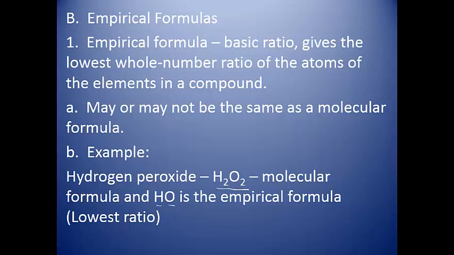So the empirical formula is the lowest ratio, where for a molecular formula we're actually going to figure out what we need to be multiplying by to get the molecular formula. In this case it was 2, so we would have had H2 and O2. So we're going to look today at how we can come up with the molecular formulas.